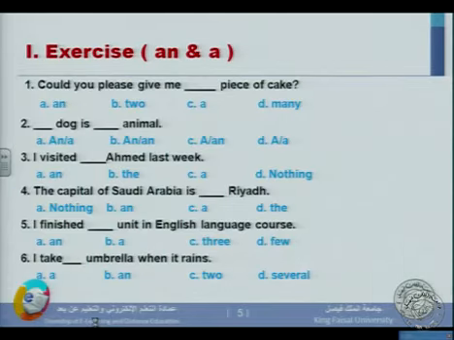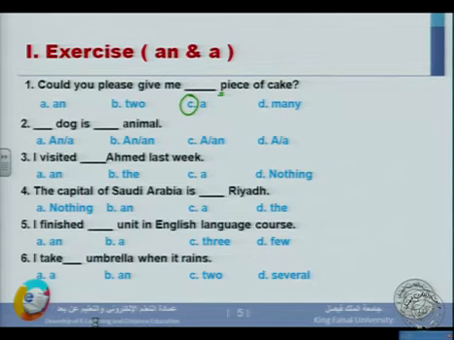Okay, we have a kind of short exercises for the uses of an and a. Number 1: Could you please give me a piece of cake? Well, what you should do in the exam, اللي لازم تعمله في الامتحان, you should look after the blank. ما بعد الفراغ كلمة piece. P is a vowel or a consonant? It is a consonant. Then it takes a: a piece of cake.